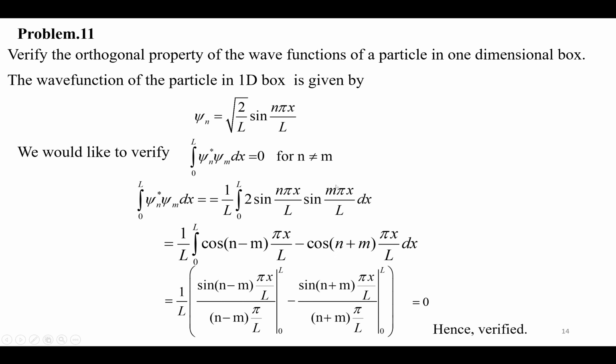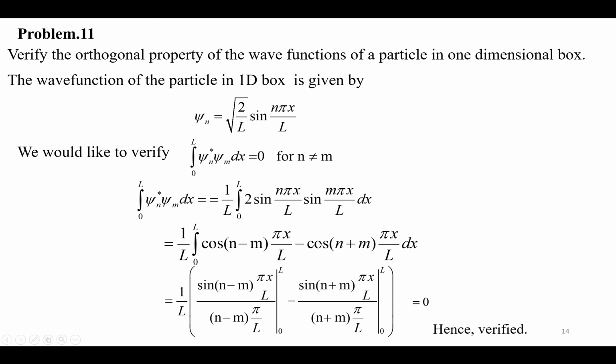We use the formula 2 sin a sin b gives cos a minus b minus cos a plus b. So using the formula, we will have cos n minus m pi x by L minus cos n plus m pi x by L.